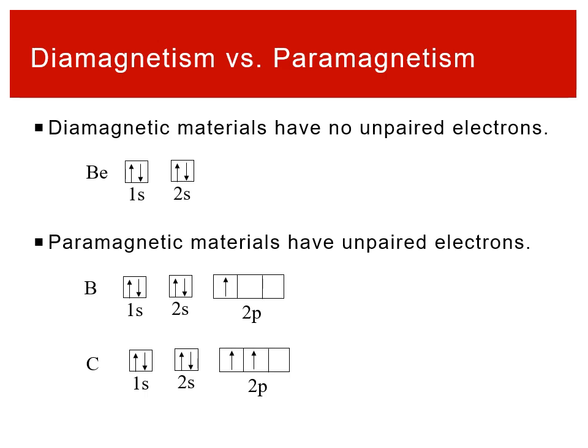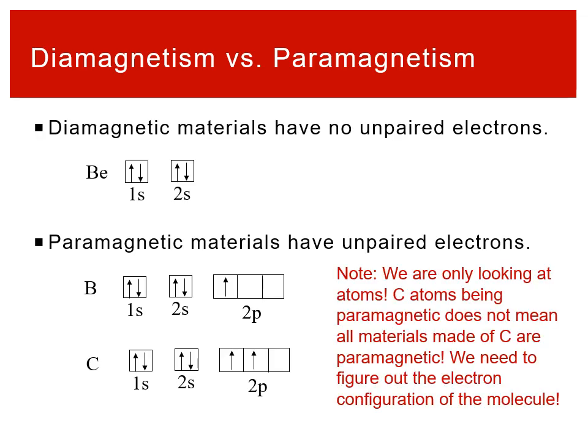If you had a beryllium atom and you put it in a magnetic field, it is repelled by that field. Paramagnetic materials have unpaired electrons. So when we look at the boron orbital diagram or the carbon orbital diagram, they have those unpaired electrons. What that means is that those materials are going to be paramagnetic. They are going to be attracted to a magnetic field.